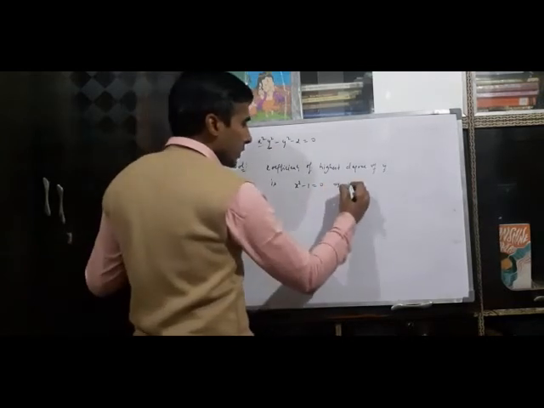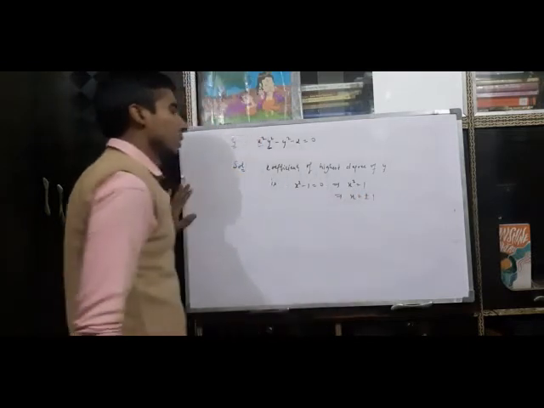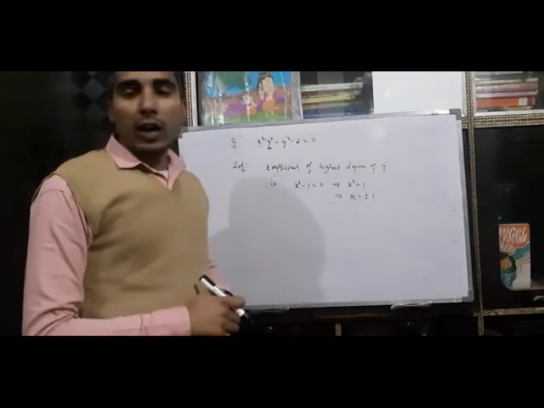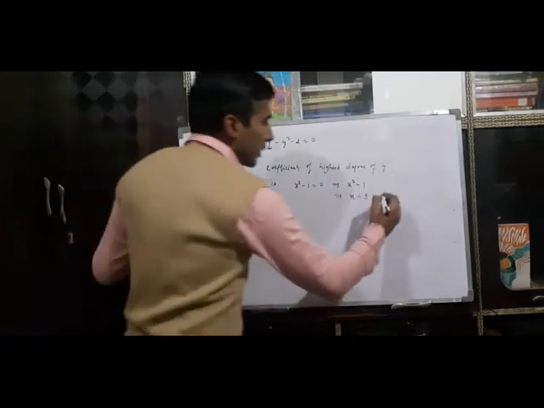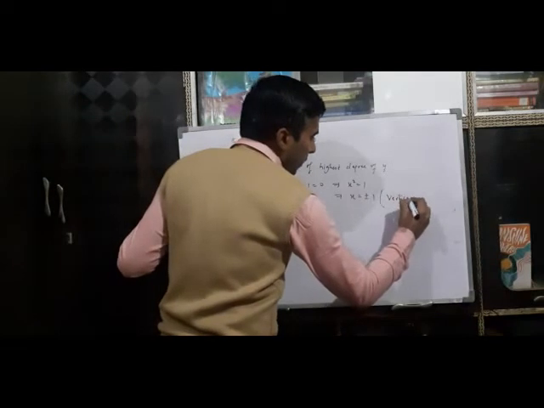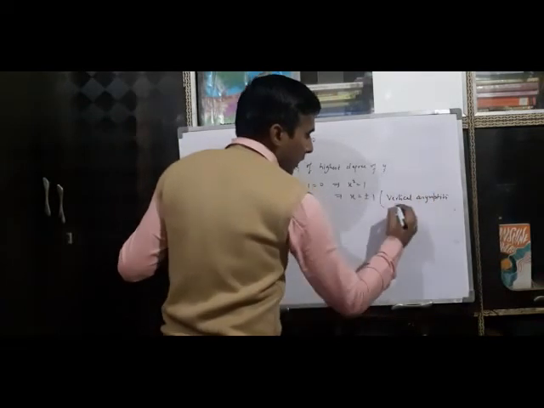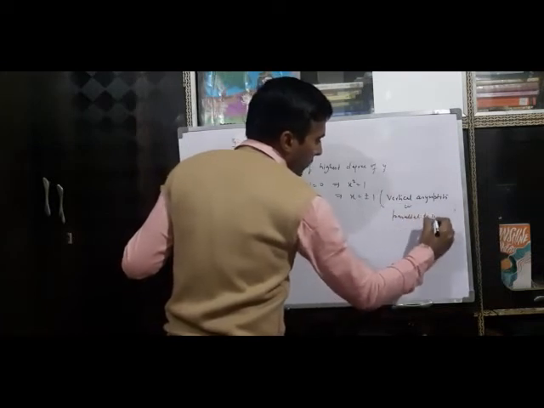That implies x square equal to 1. That implies x is equal to plus minus 1. So here x is equal to plus minus 1 are the vertical asymptotes to the given curve. These are the vertical asymptotes, or you can say asymptotes parallel to y axis.